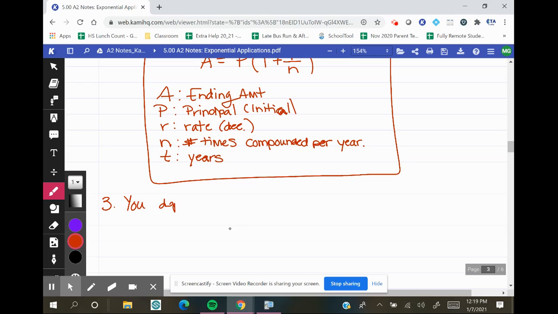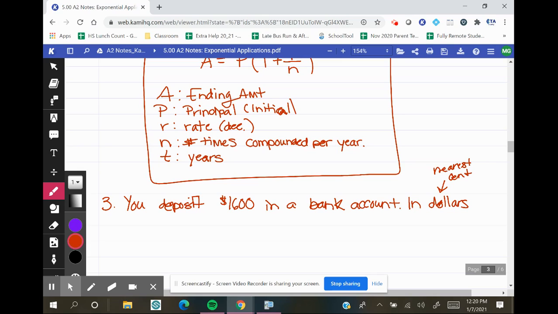You deposit $1,600 in a bank account. In dollars, so that's important. In dollars means when you round, you're just going to round to the nearest cent. So normal money that you would say. If it said to the nearest dollar, that's when you would not have any change. It would just be like the nearest integer.